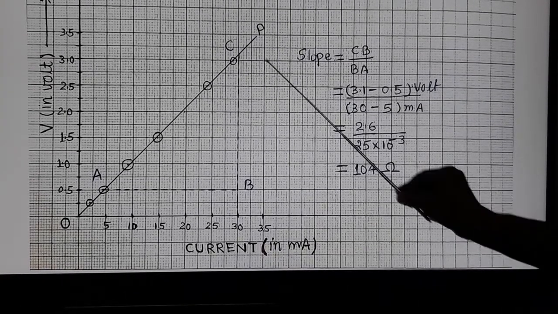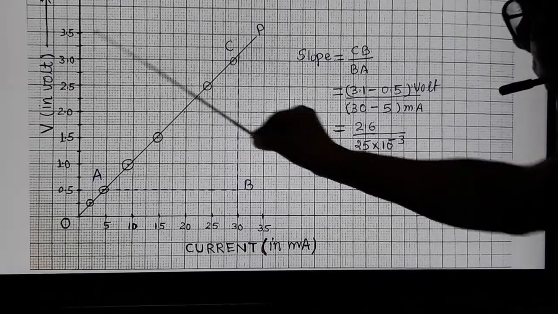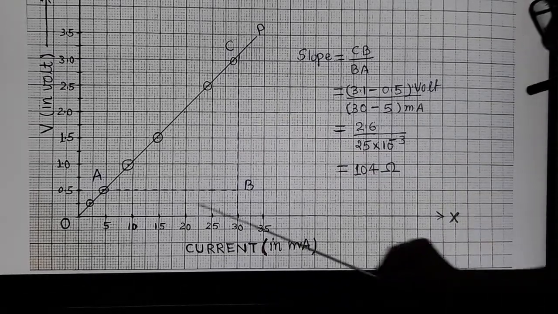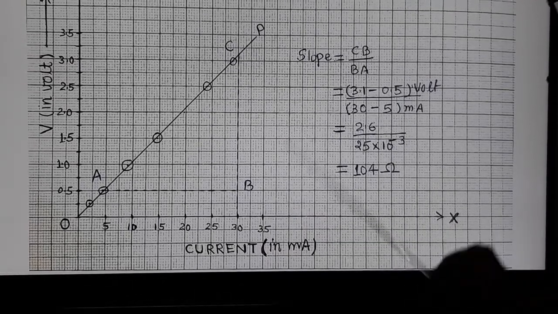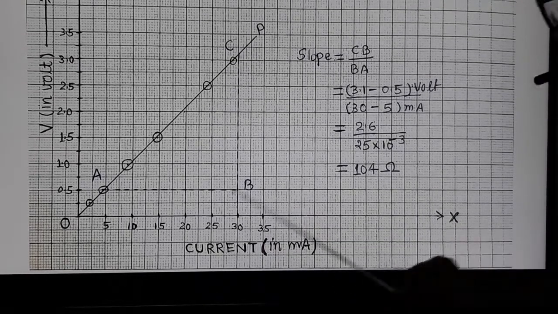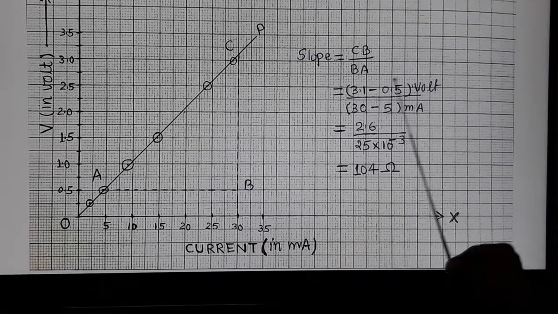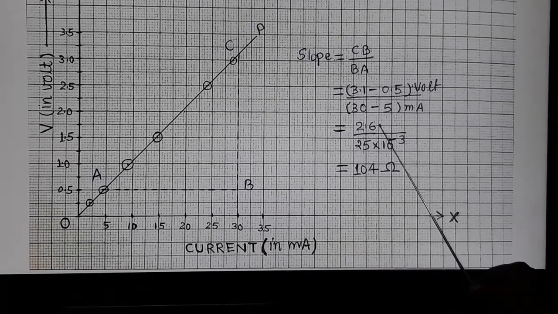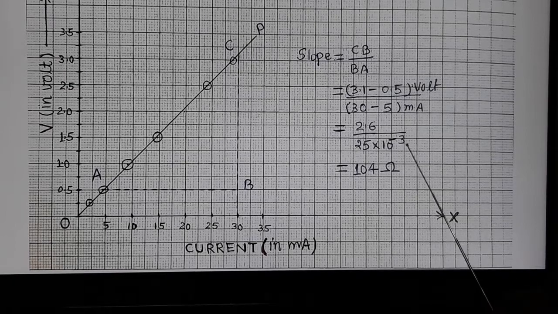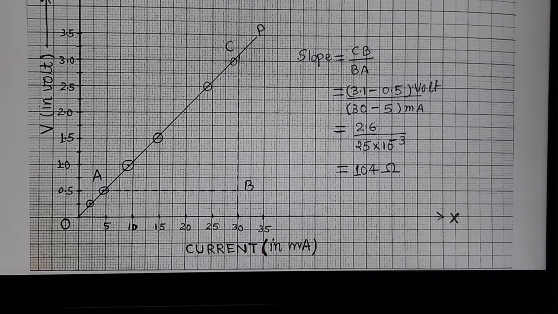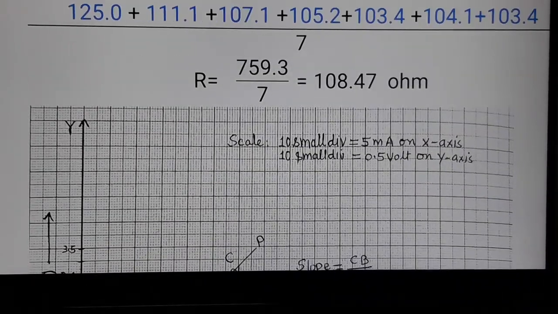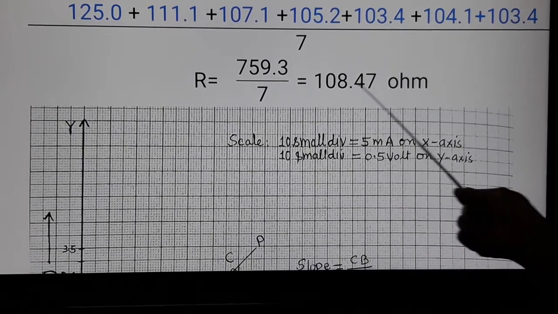The value of C is 3.1 and B is 0.5. Similarly, for current, B is 30 milliampere, A is 5 milliampere. So this gives 2.6 by 25 into 10 power minus 3, which comes out to 104 ohm, which is nearly equal to the experimental value.